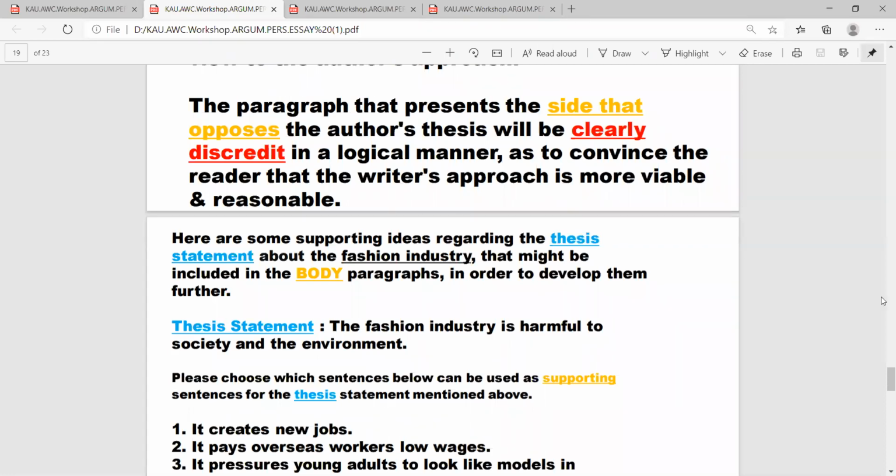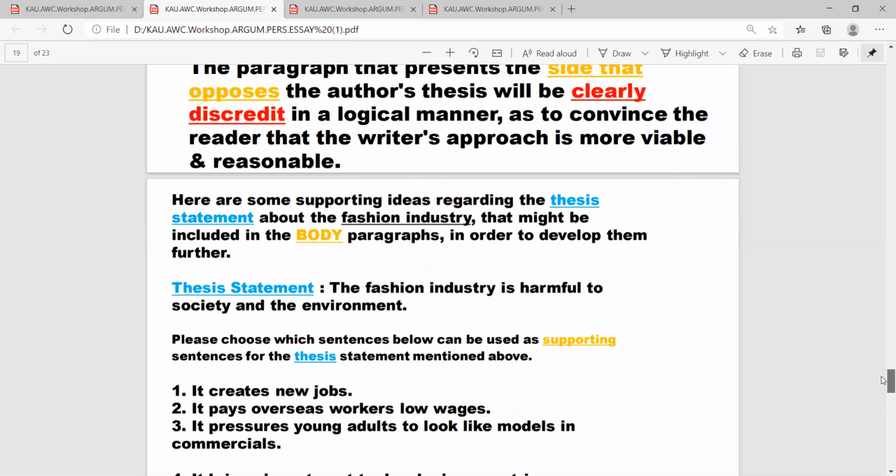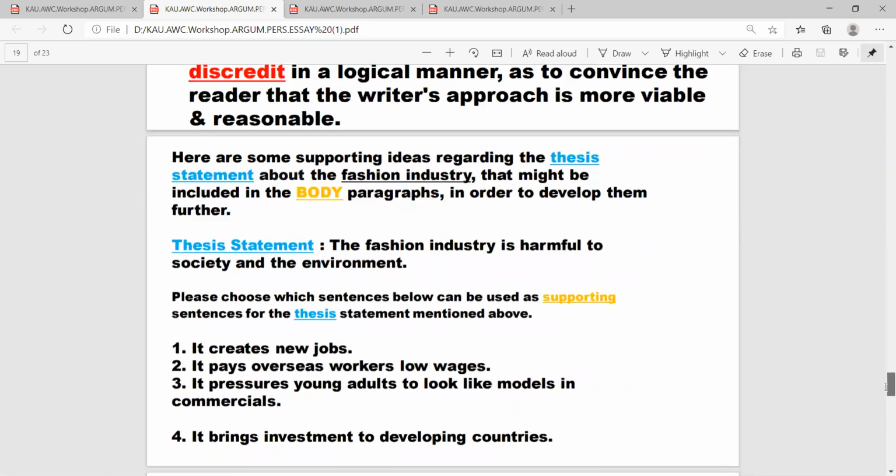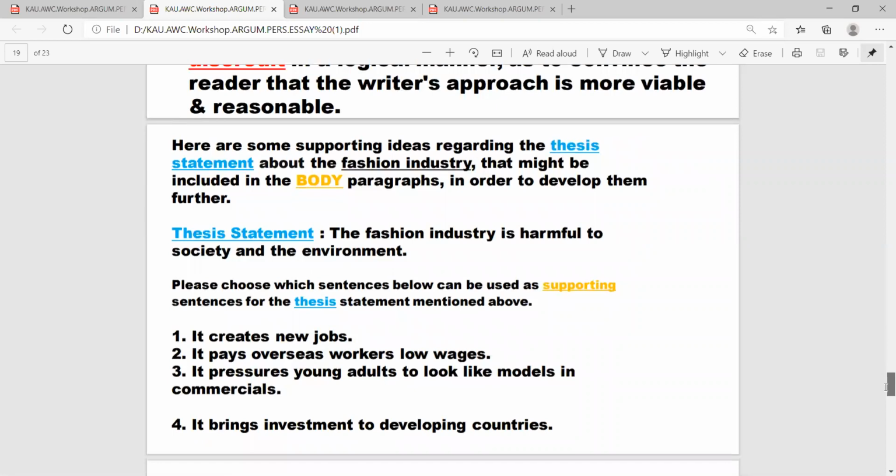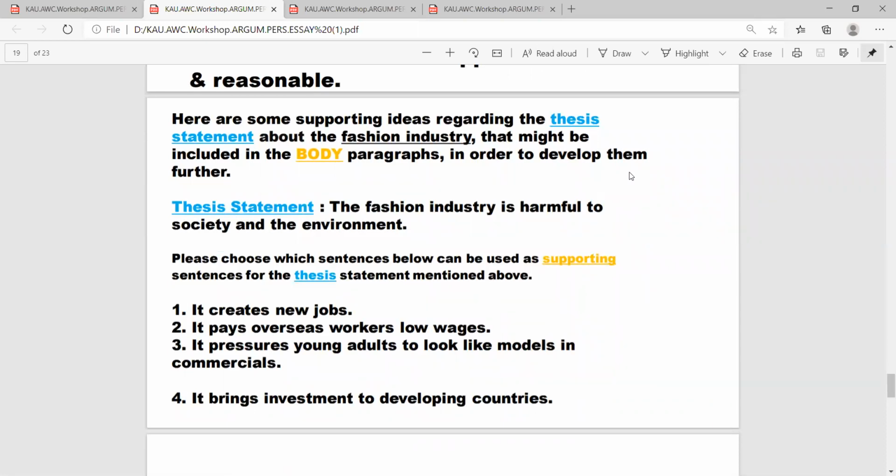Okay, sorry about the B. The B should not be there. That's a typo, sorry. Here are some supporting ideas regarding the thesis statement about the fashion industry that might be included in the body paragraphs in order to develop them further.